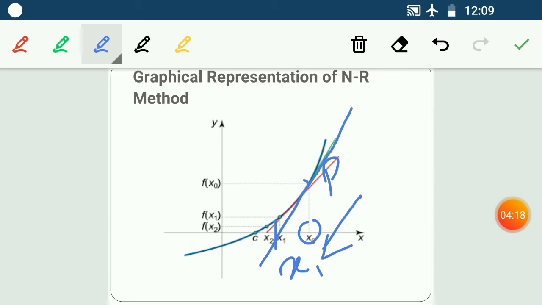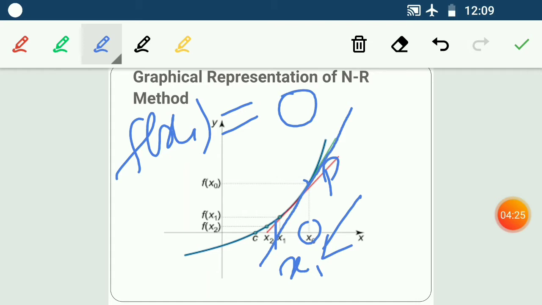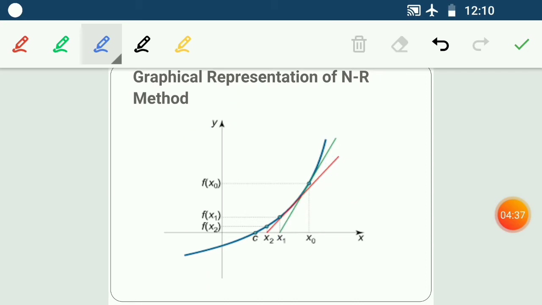After that we have to find the value of f of x1, and if f of x1 is coming near to 0 or exactly equal to 0, then we will say this is the root of this curve. And if it is not equal to 0, then we have to go for further iteration. What is the further iteration? The same procedure.